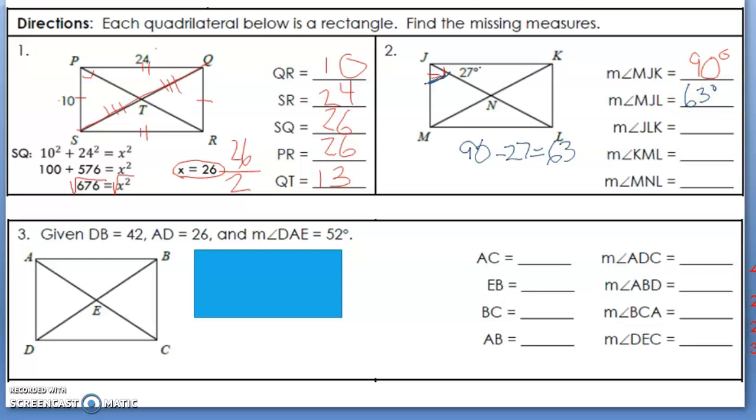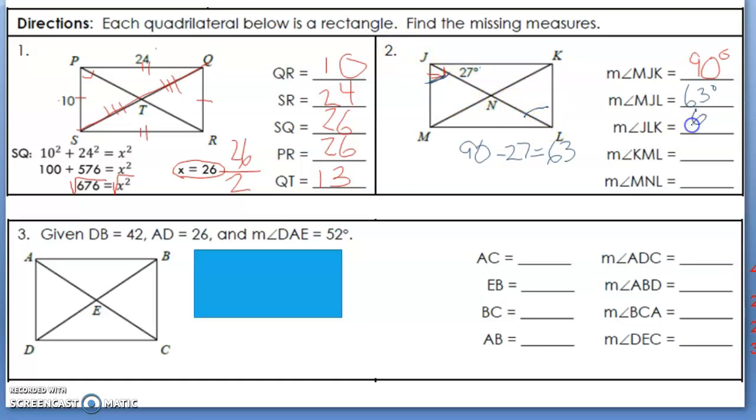Angle JLK, that's really this angle here. Well, it is really alternate interior angles with our 63 degrees.